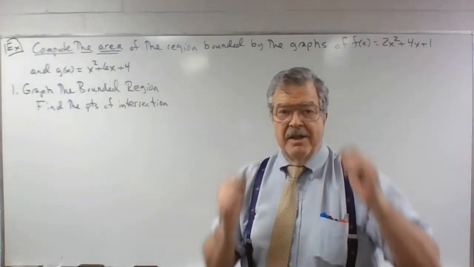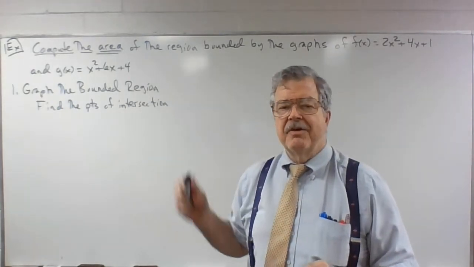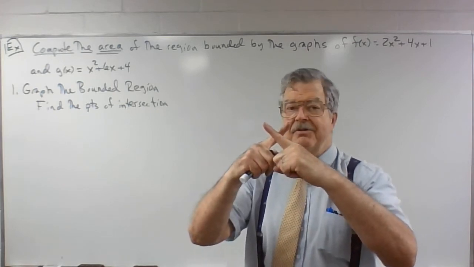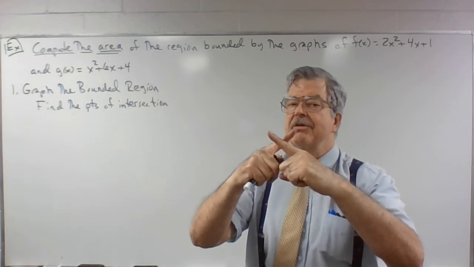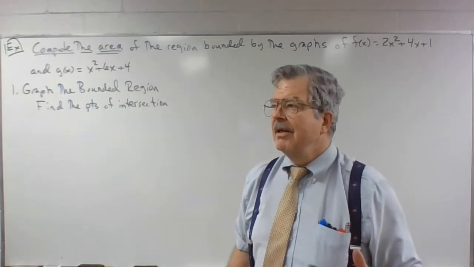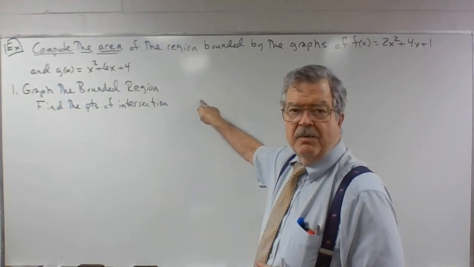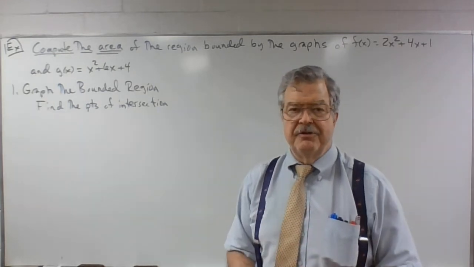And the reason is, at the points where they intersect, their x coordinates and their y coordinates are both equal. So in this case, we'll set the y coordinates equal to one another, and we'll see what that forces x to be.